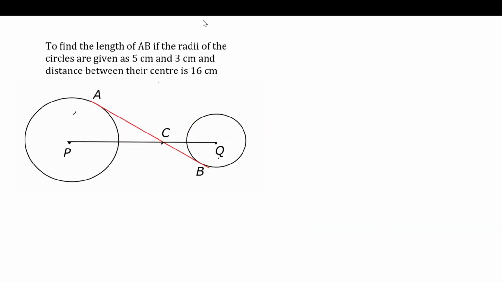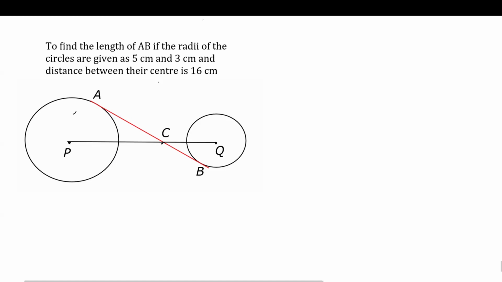Now, in this question from the chapter circles, we are given two circles as you can see, and the radii of these two circles are mentioned as 5 and 3 centimeter. Further, we are also given the length of PQ, that's 16 centimeter, and what we have to determine over here is the length of AB.